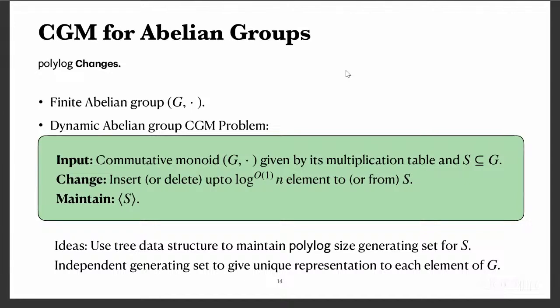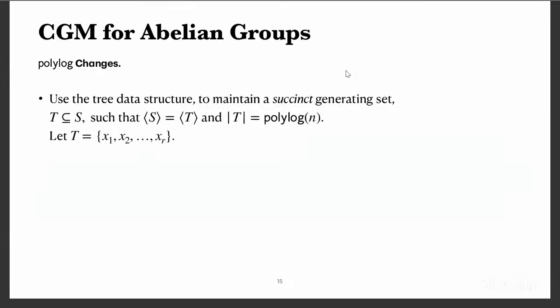The idea is to use the data structure to maintain a polylog size generating set for S. So compress S into a polylog sized set, and then use an independent generating set of the initial group to give a unique representation for each element of G. And finally, use randomness to sample from this group and see what this thing is, correct?